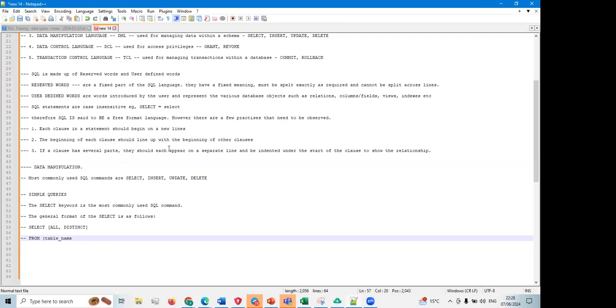I should have put that somewhere here. Compound words are split by an underscore. So you select from a table, and then you need to name the table you are selecting from.